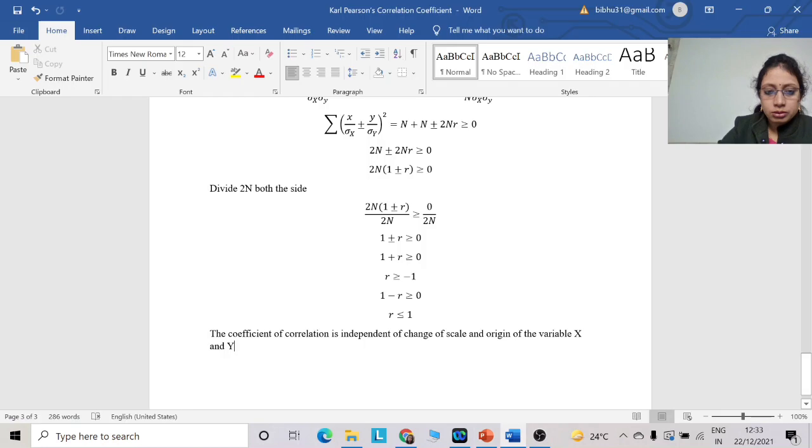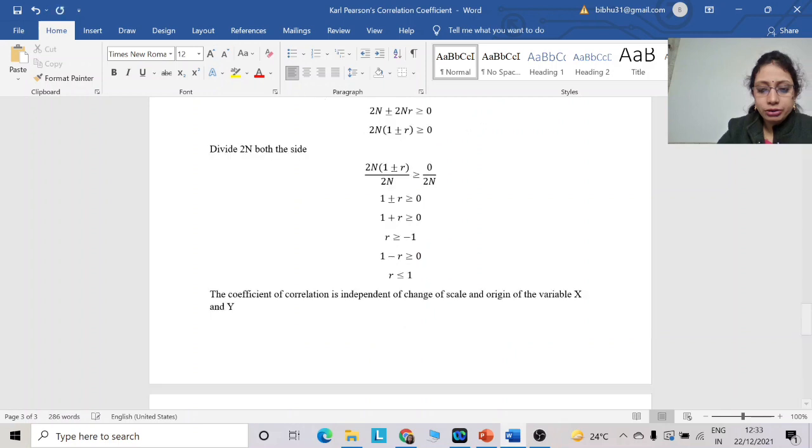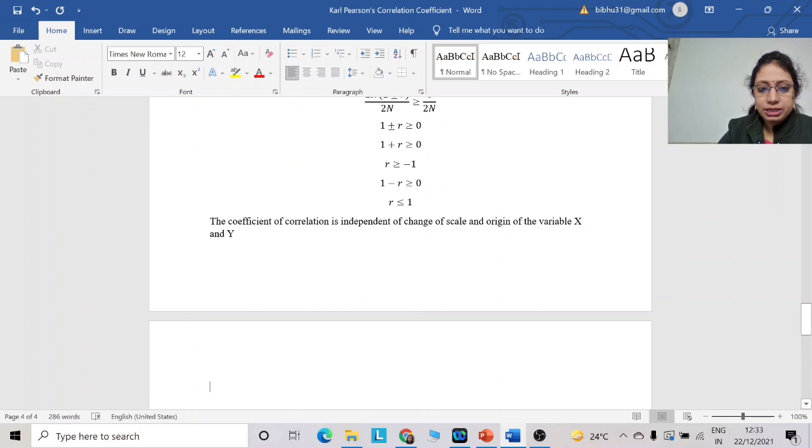So the next property is the coefficient of correlation is independent of change of scale and origin of the variable x and y. So first you need to understand what is change of origin and what is change of scale. Now change of origin is anything you either subtract or add to the constant, and change of scale is anything you divide or multiply.